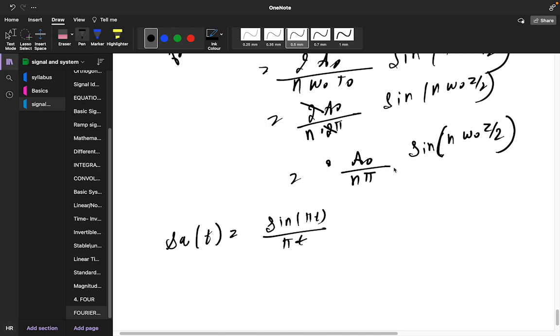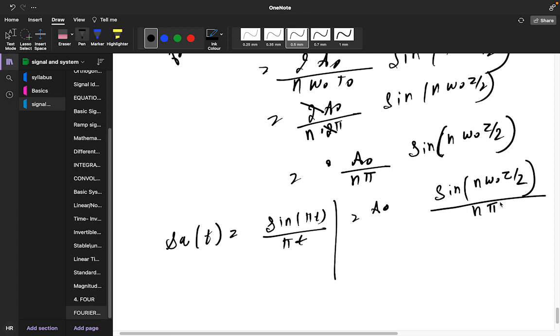If we want to write this in the form of a sampling signal, what do we need to do? We have A naught, we have sine of n omega naught tau by 2 divided by n pi.